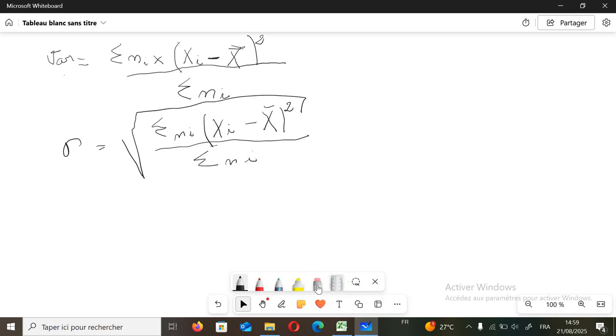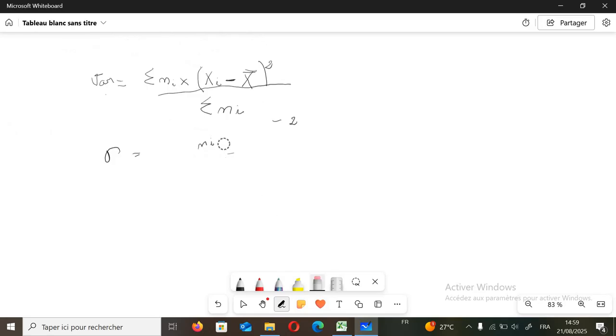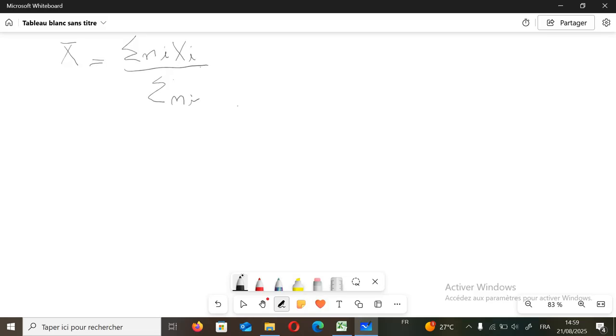Okay, I'm going to show you the formula for it. That means we look for the average x bar, which is sigma of ni xi divided by sigma of ni.